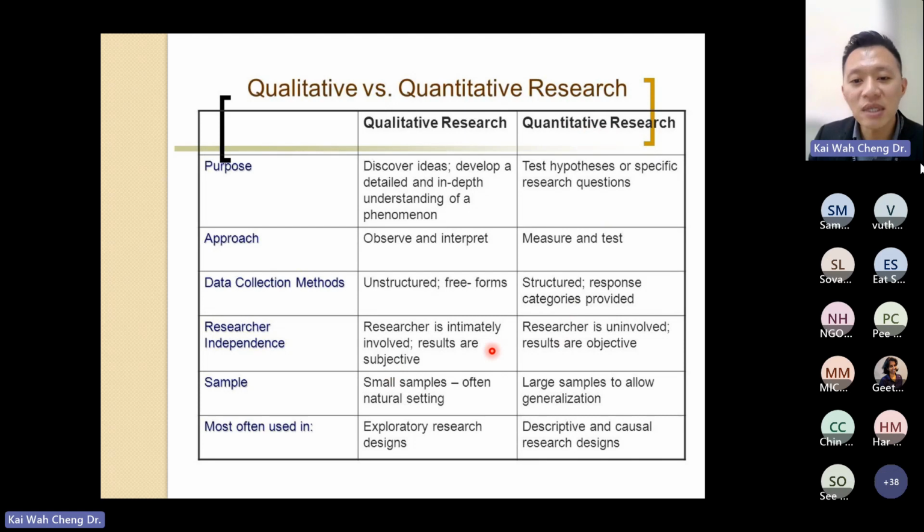The sample size for qualitative research is much smaller as compared to quantitative research. Usually we use qualitative research in an exploratory research design, and we conduct quantitative research under the descriptive and causal research design. Basically these are the major differences between qualitative research and quantitative research.